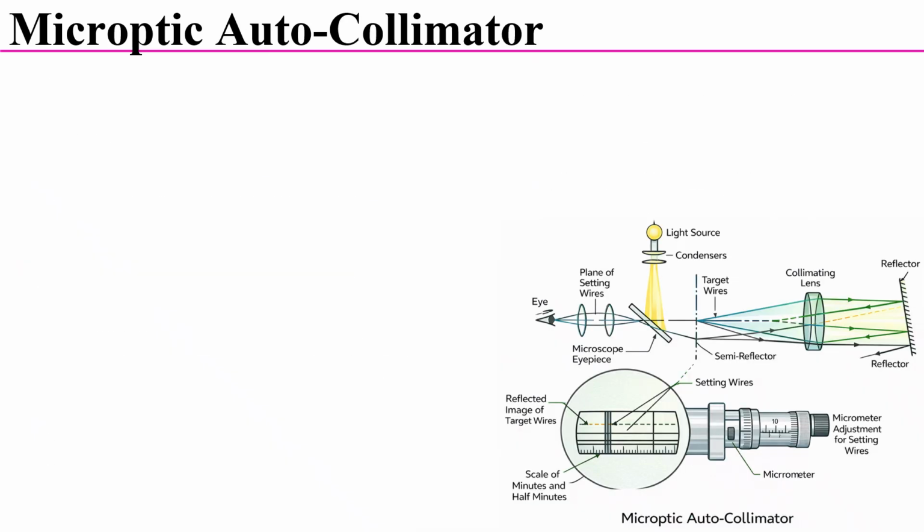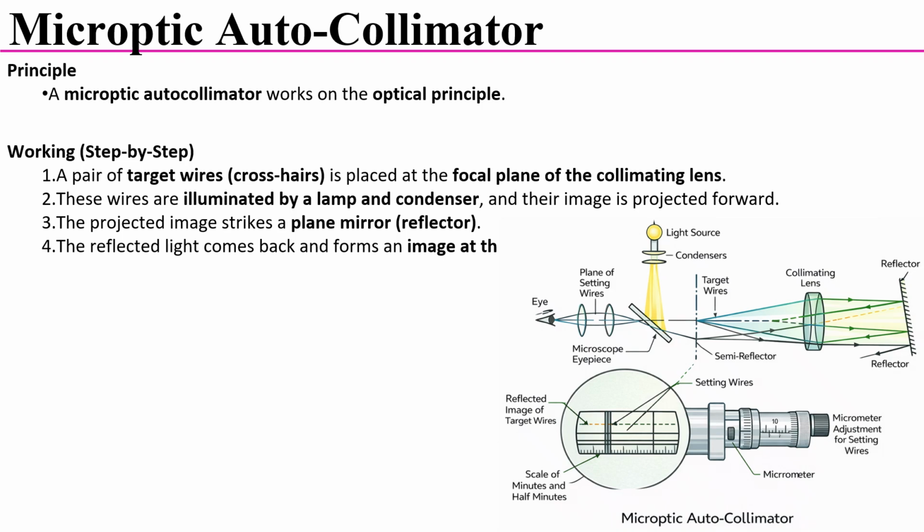Next we have to discuss the micro-optic autocollimator. The micro-optic autocollimator works on the optical principle. Let's see the working. In this one, a pair of target wires is placed at the focal plane of the collimating lens.